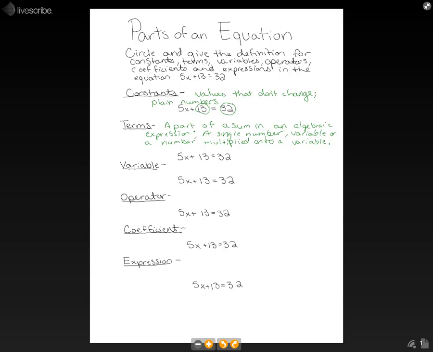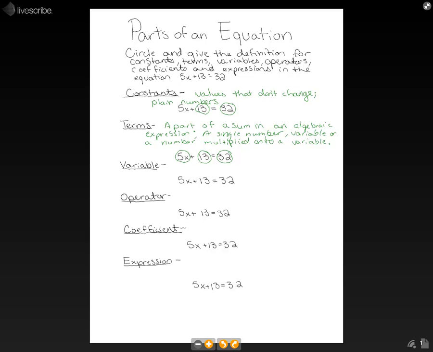So, looking at this, 5x, 13, and 32 all fit the definition of being a term. Because they all are either variables, numbers, or a mixture of variables and numbers.